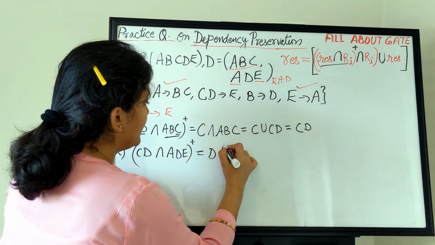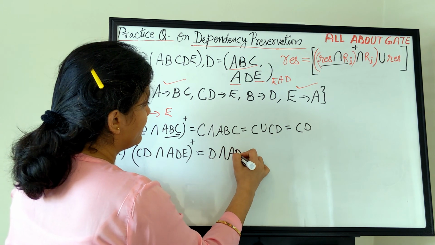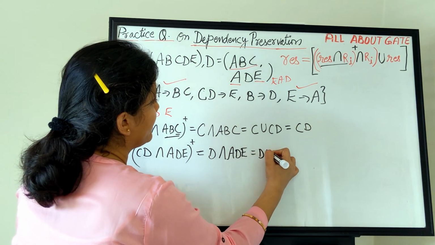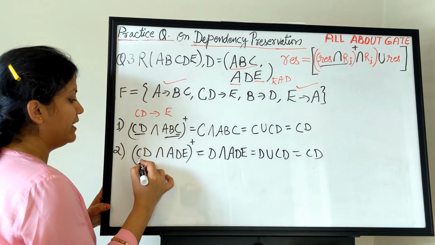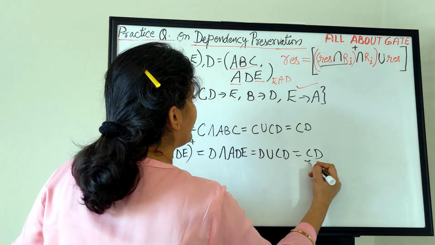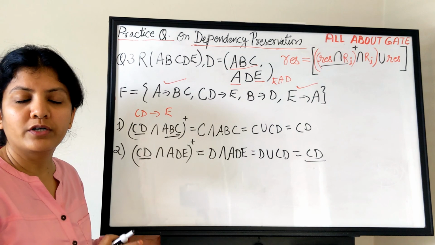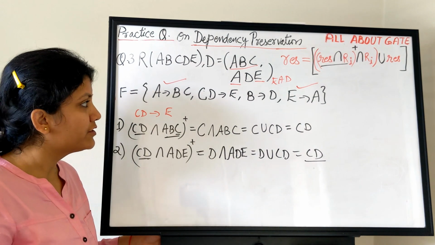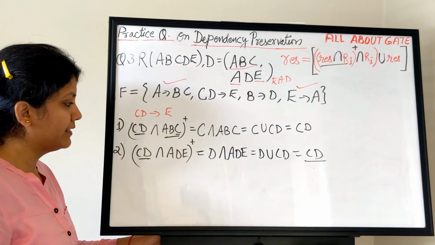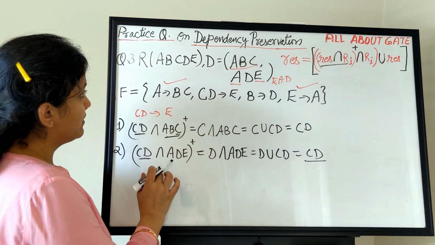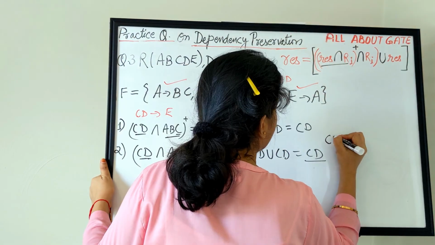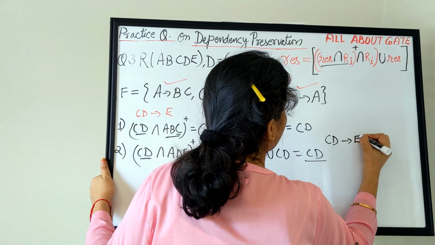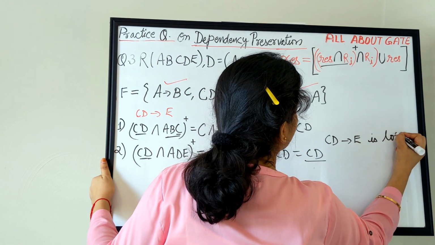And if it is only D, its intersection with ADE is nothing but D. Its union with CD is nothing but CD. So that again says that CD could only reach CD. We couldn't get any other attribute, not at all E. Correct? So do you have any other decomposition? No. So with that, what do you say? CD to E is lost.